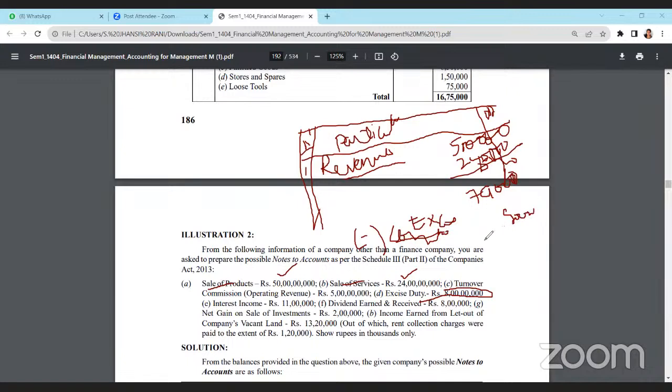So it will be 7 lakh 10,000, which is our revenue from operations. And other incomes we have, interest earned, net gain on sale of investments. These all are incomes. These will be added and we get total revenue. In the profit and loss account, the first two Roman numerals are total revenue, 1 plus 2. That is what we are calculating here. That's it.